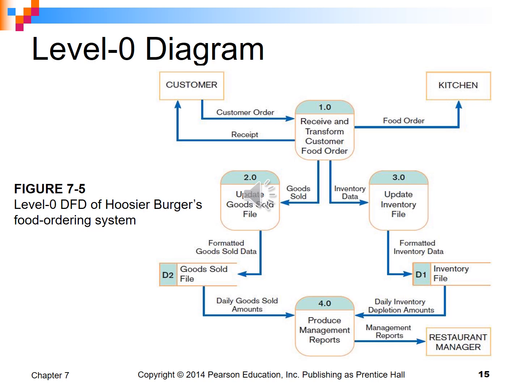It is the data flow, it goes in one direction to update. Then 4.0, produce management report. It takes the inventory file and the goods sold file and creates reports, and sends them to the restaurant manager.